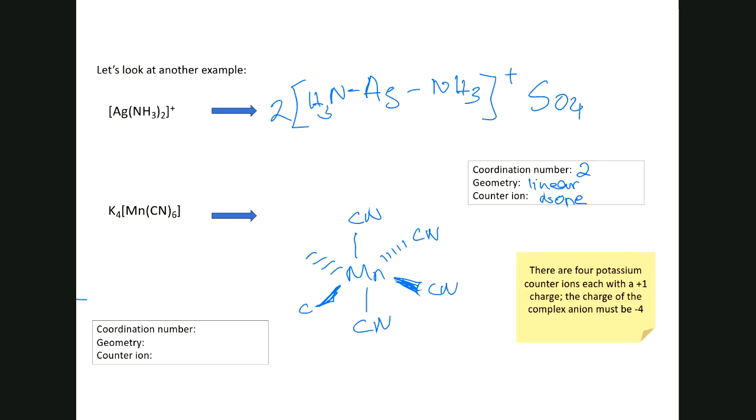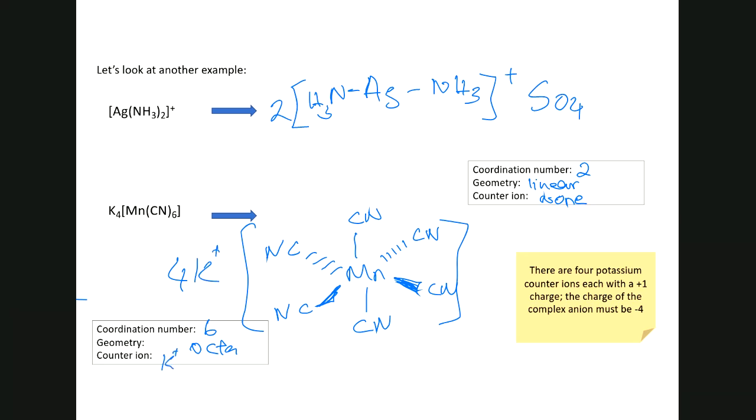And in this drawing, I'm showing that my cyanide is binding through carbon. So if you go back and draw the Lewis structure of cyanide, you'll see the negative charge resides on carbon in the structure. So again, my coordination number here is 6. My geometry again is octahedral. And my counter ion here is going to be potassium, and I have 4 potassiums.